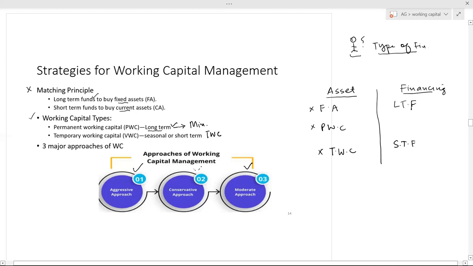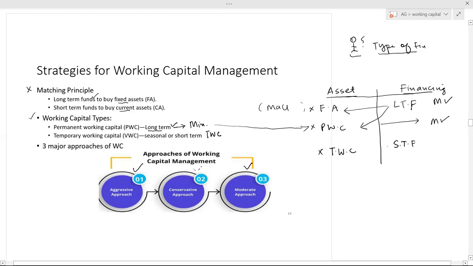Okay, so if you see this part of this lecture, if you're using the long-term funds to buy the fixed assets, meaning your machinery, equipment, plant, then it means the matching is followed. Okay, and if you are using the long-term funds to buy permanent working capital, and you know that this permanent working capital is of long-term nature, then in this case as well we are following the matching principle.